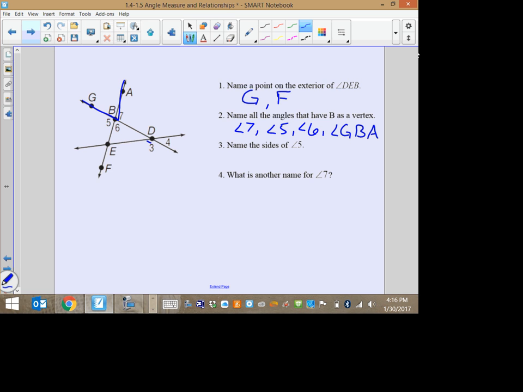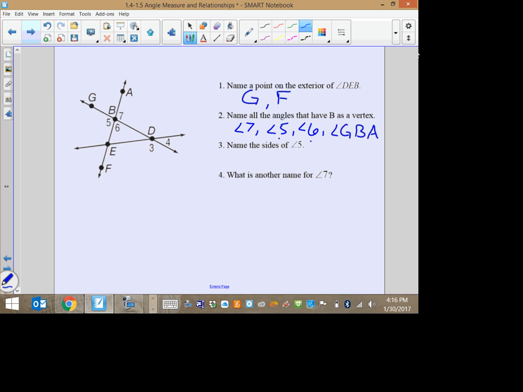And note that for angle 7, angle 5, and angle 6, there are multiple ways that you can label those. So angle 5 is also angle GBE or angle GBF. So just note that there are multiple ways of notation.